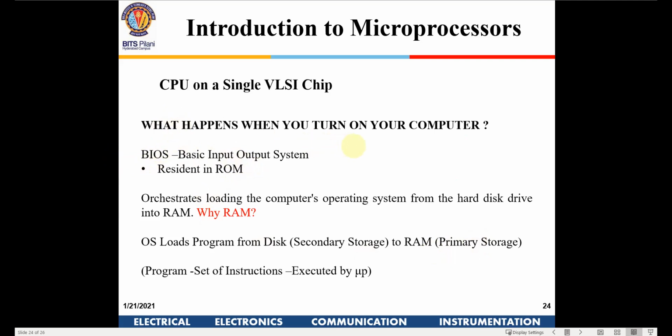Now, what happens when you turn on your computer? We all know that when you switch on the microprocessor, it has to boot and load the operating system, and some instructions have to be given to the microprocessor. So there will be a ROM on the microprocessor board. In the ROM, those instructions are stored, which will be there even when you switch off the power supply.